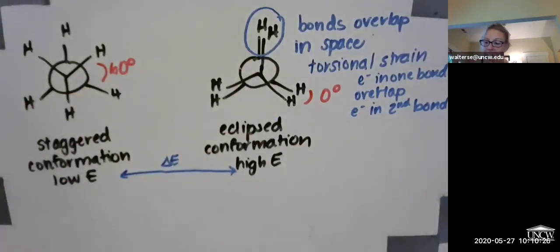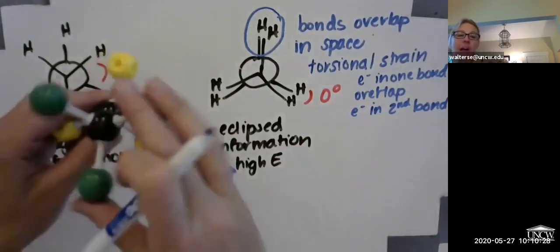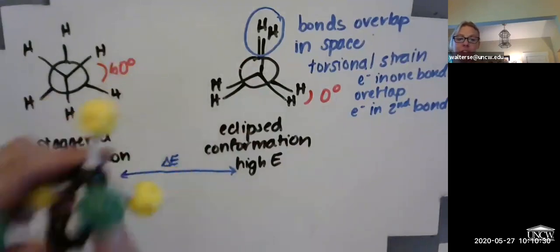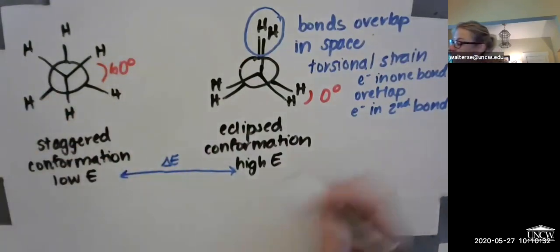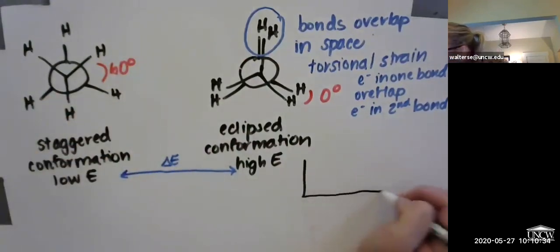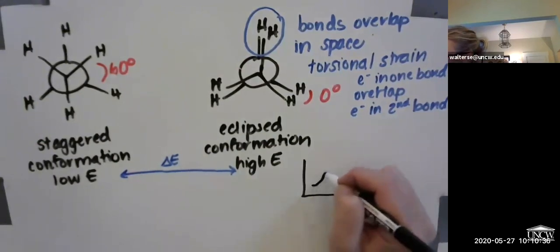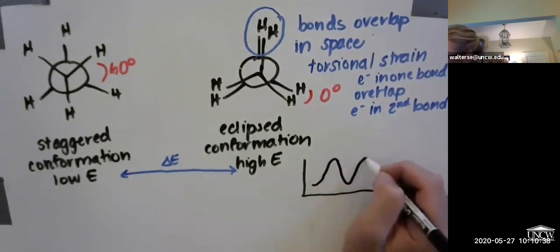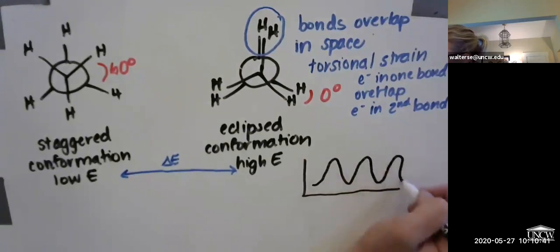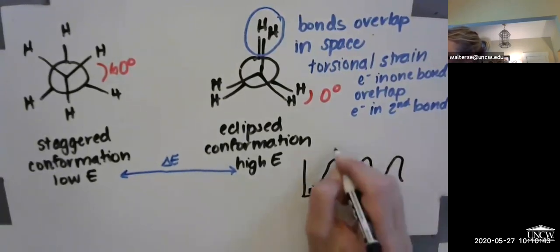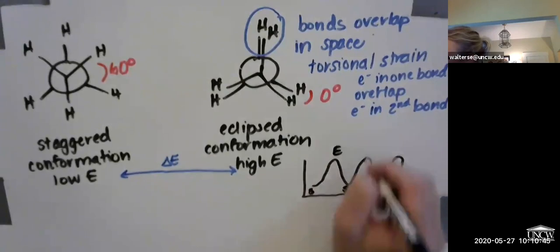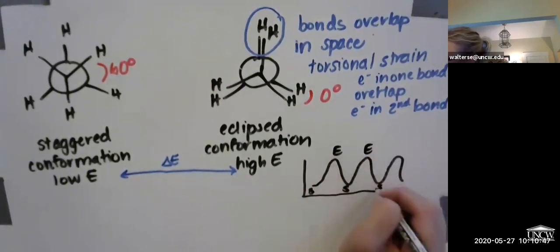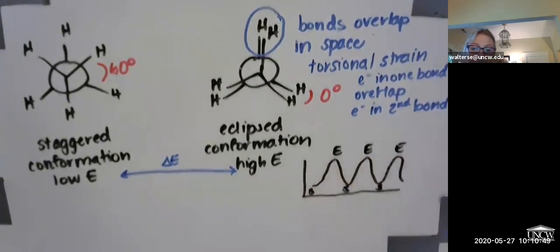As you rotate around that carbon-carbon bond, what you end up seeing is an energy difference that goes like this. Low, high, low, high, low, high. So this would be staggered, eclipsed, staggered, eclipsed, staggered, eclipsed.